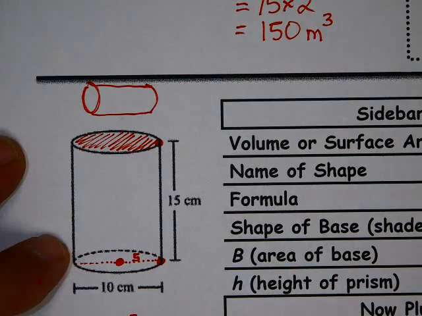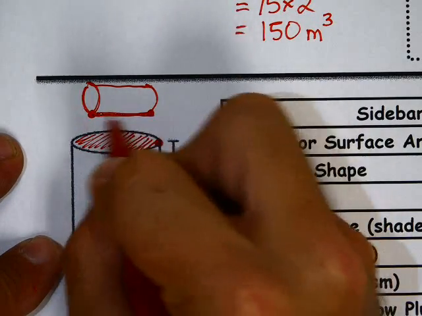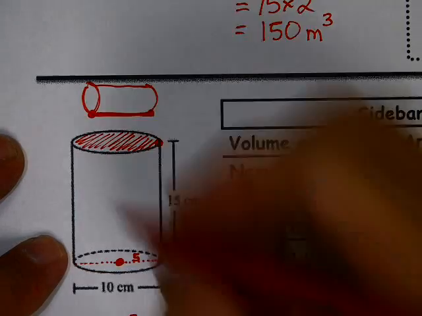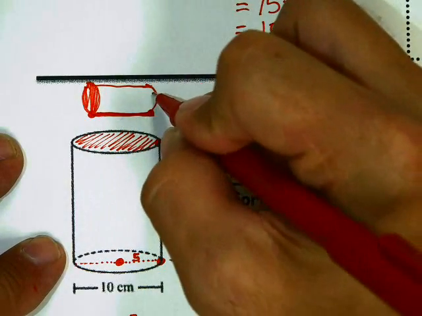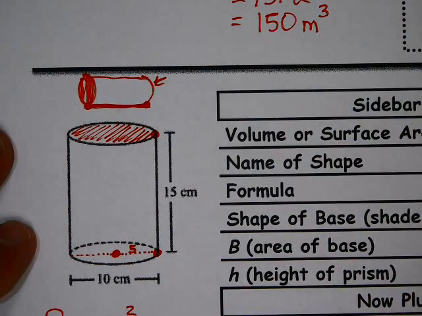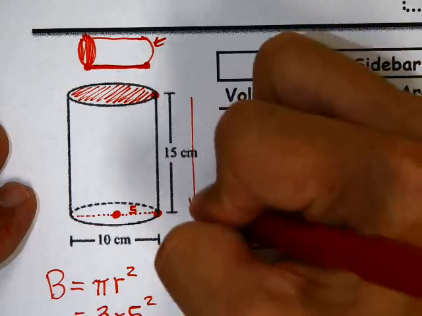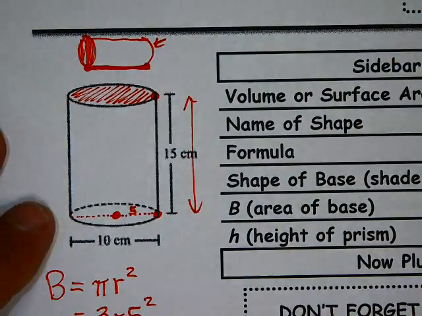Well, the height then is going to be this line right here, because even though it's laying down like that, the base is still this circle here, and the one that you can't see that's back here. So you've got to be aware of where the height is. In this one, it's pretty easy to see that it's this line that's 15, top to bottom.